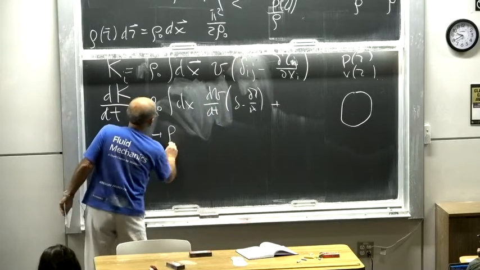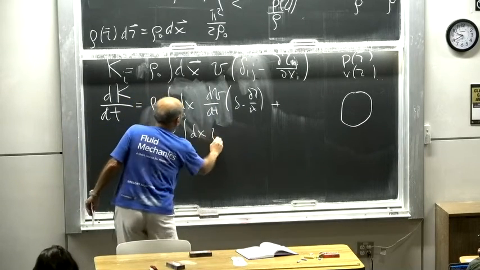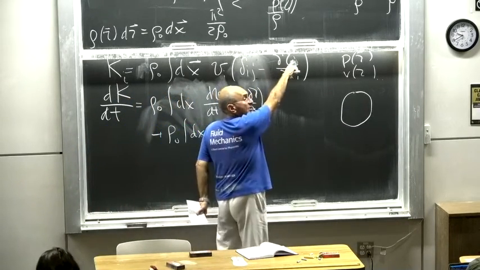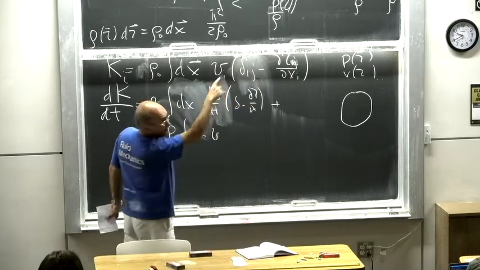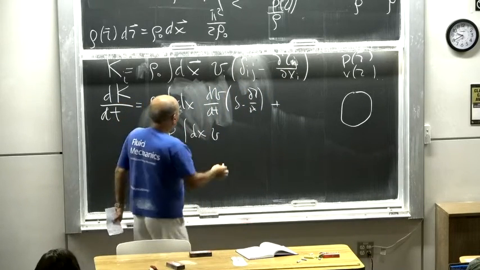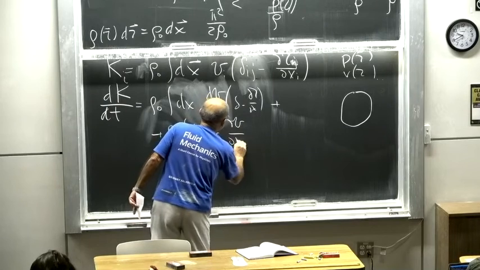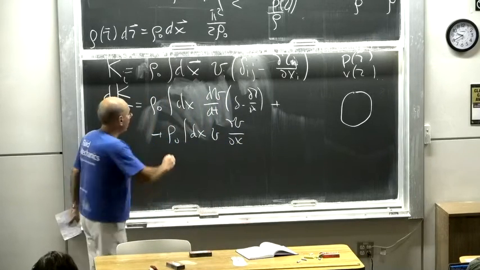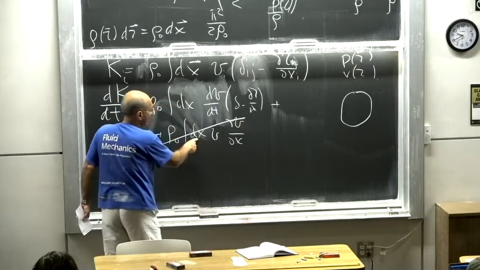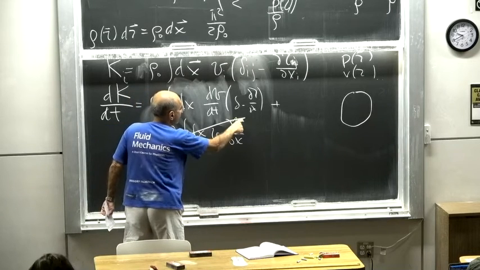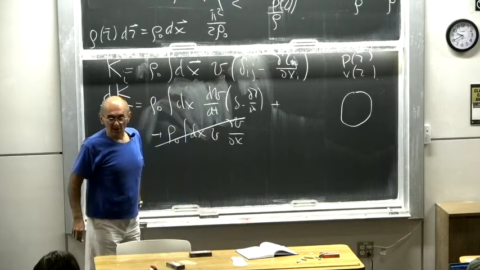Which would be rho naught dx v, but this time the derivative of r is v, right? So what I would have here is dv dx. And it's zero, it's a total derivative, right? Because I integrate over dx, dx of v squared over 2, right?